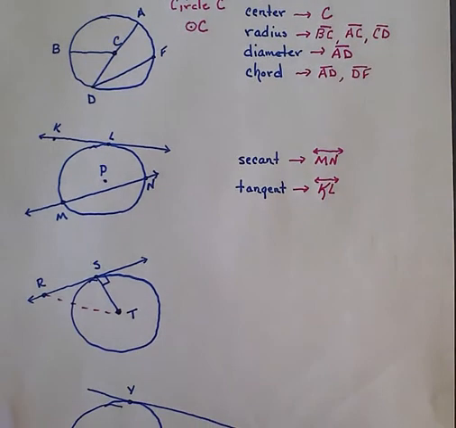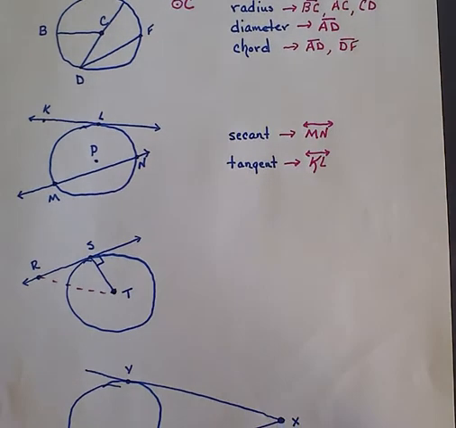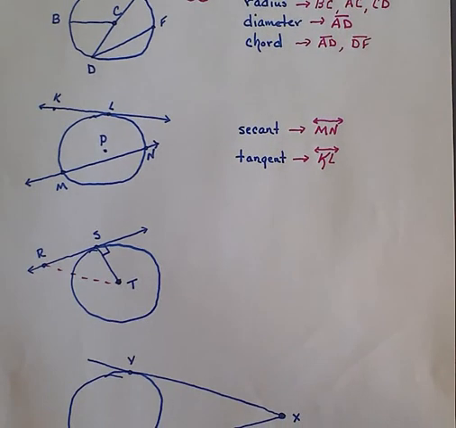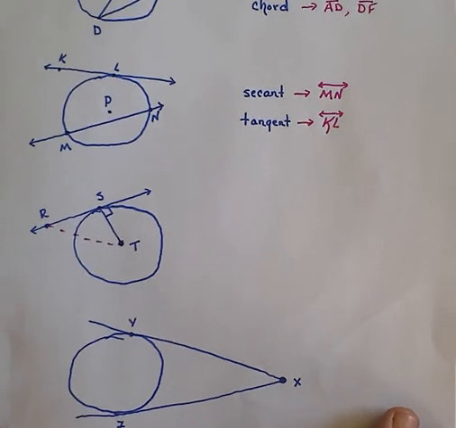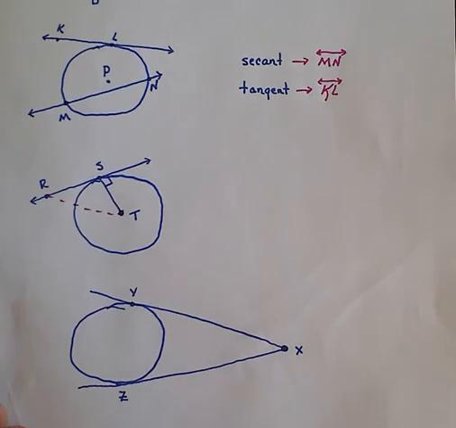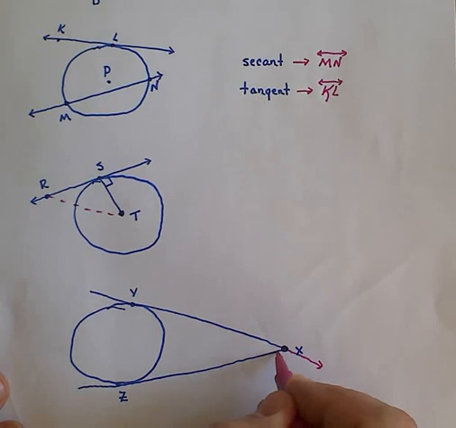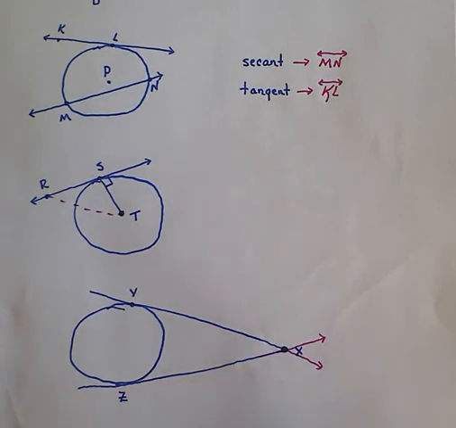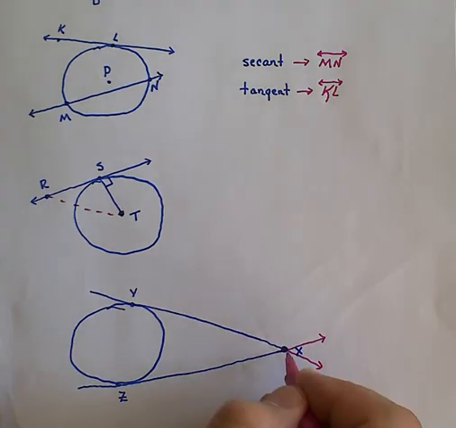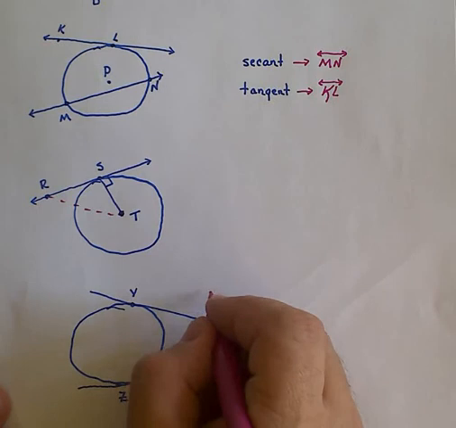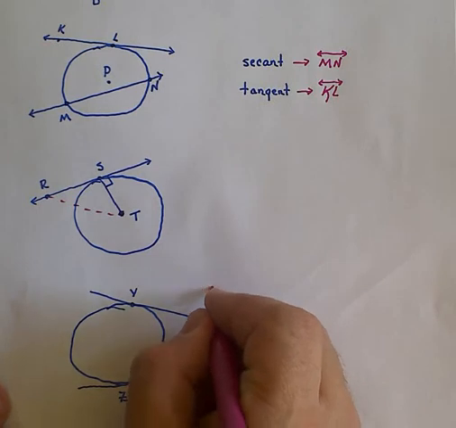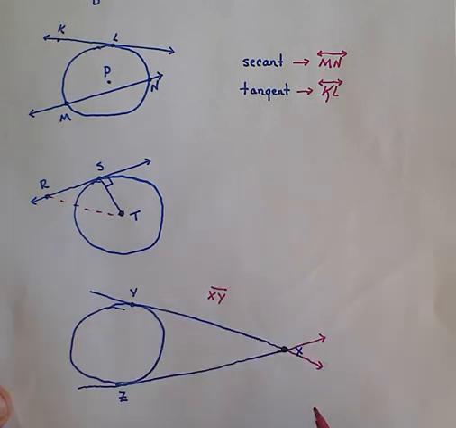Lastly, this will also be part of some of the exercises. Notice that in this last figure, I've given you a circle, and from that circle, I've drawn 2 tangent lines. These would extend infinitely in both directions. From X to Y, you have the segment XY, which is a tangent segment, part of that tangent line.